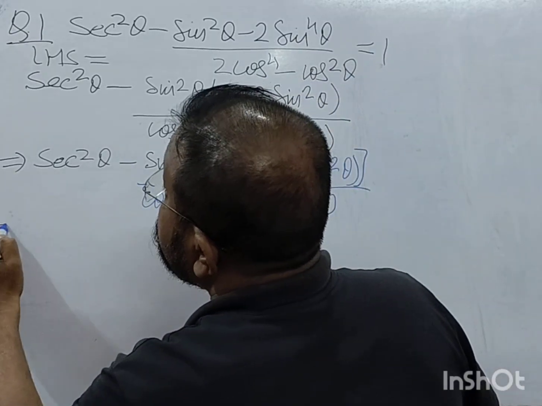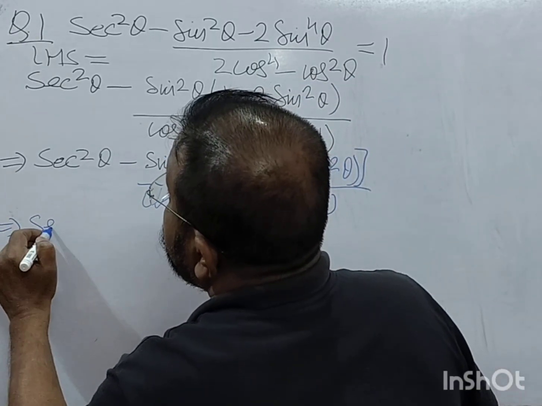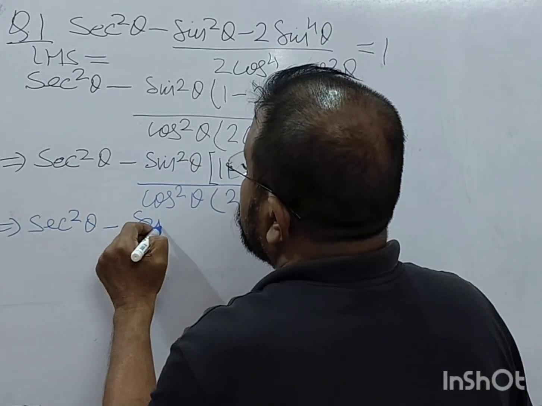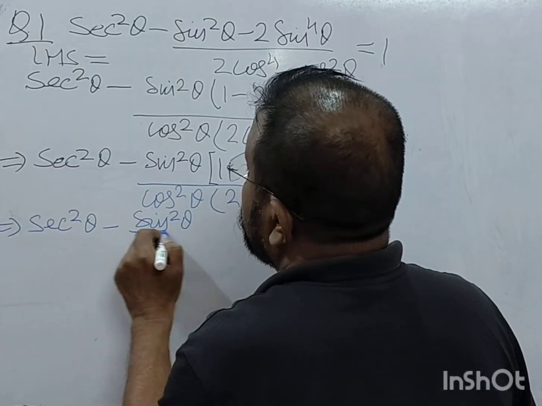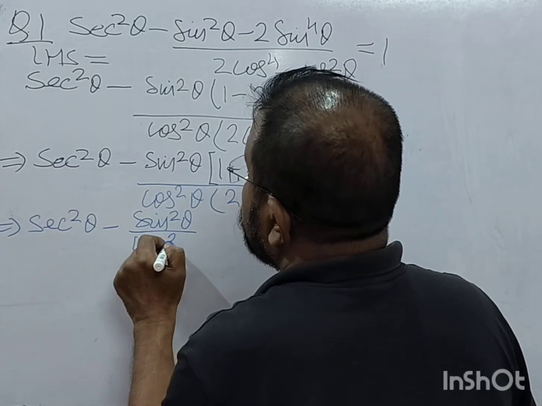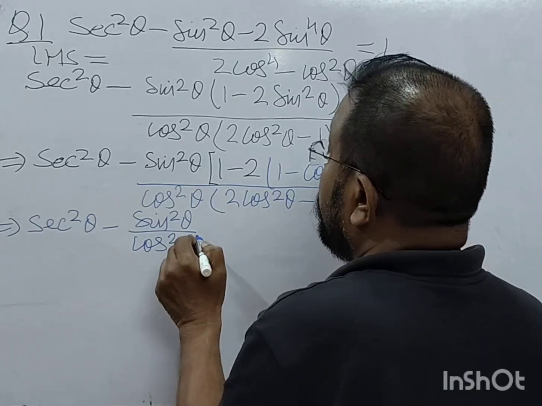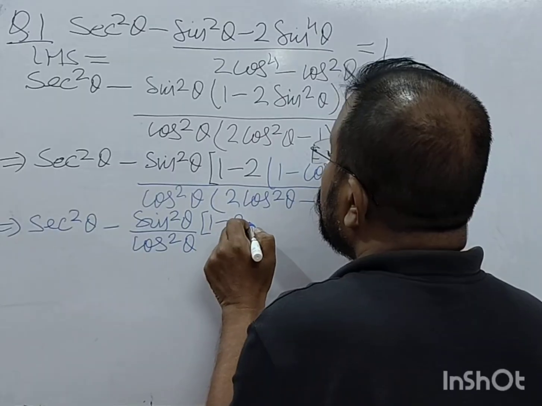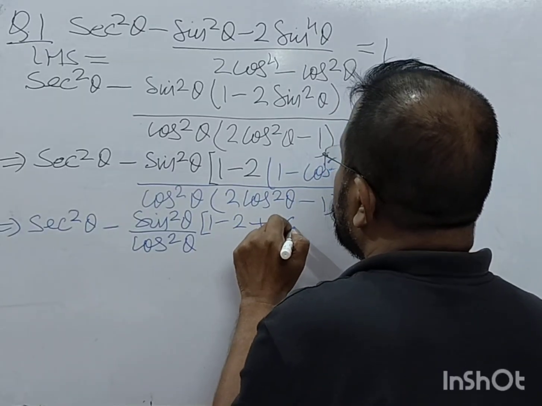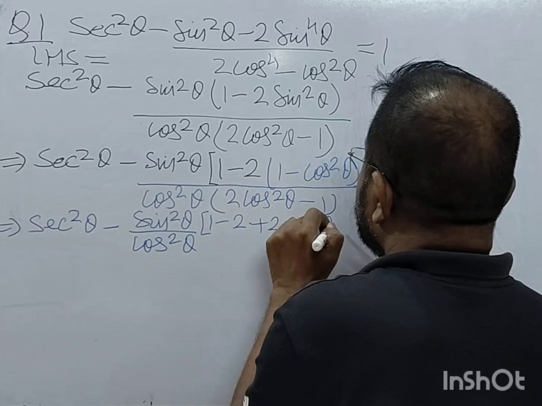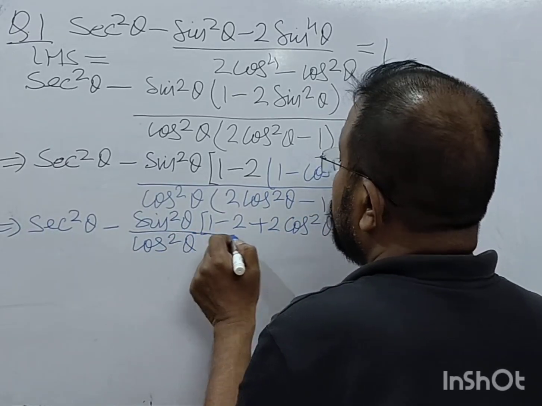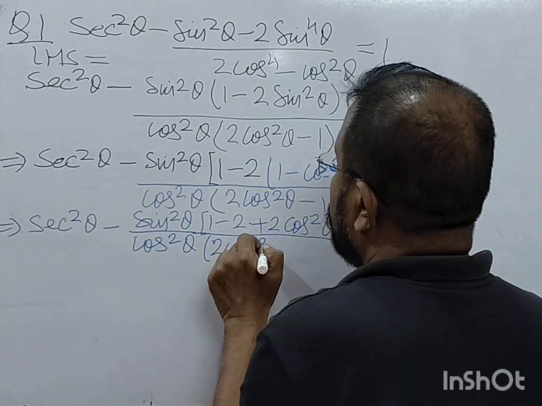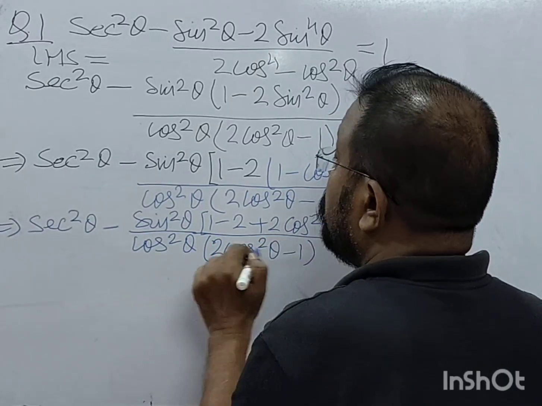So now next is sec square theta minus sin square theta upon cos square theta, bracket 1 minus 2 plus 2 cos square theta upon 2 cos square theta minus 1.